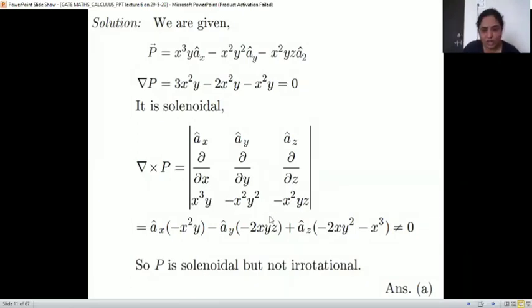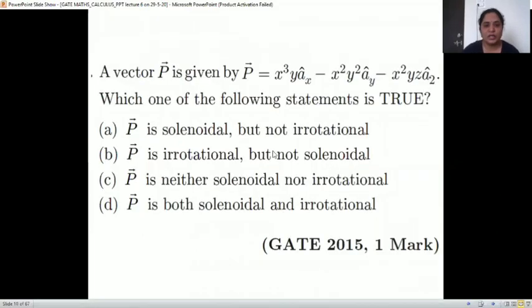And if we solve this whole term, we are not getting it 0, right? So it is not equal to 0, which means it is not irrotational, solenoidal but not irrotational. This is your answer, option A. So your correct answer is A.